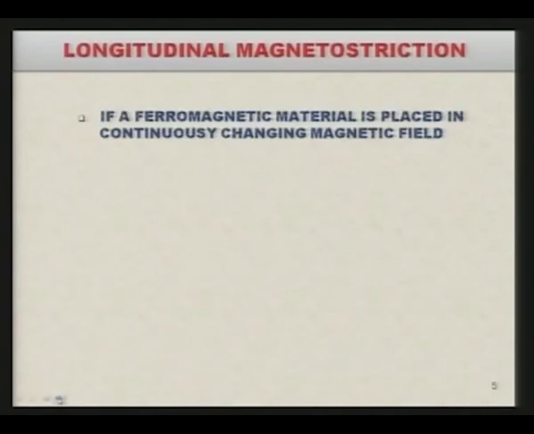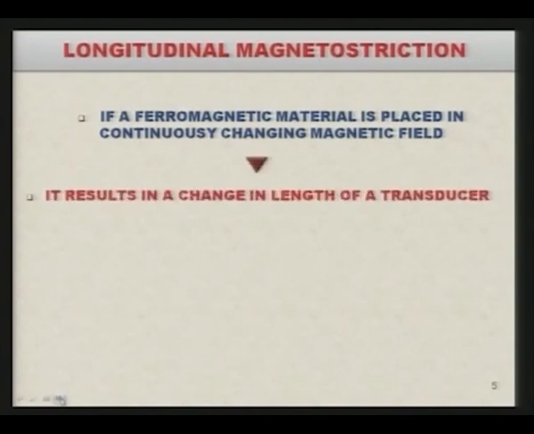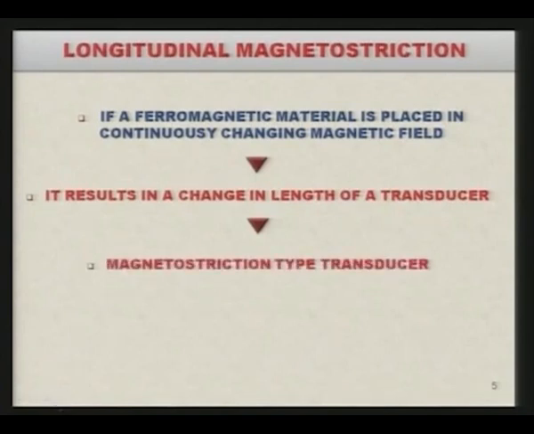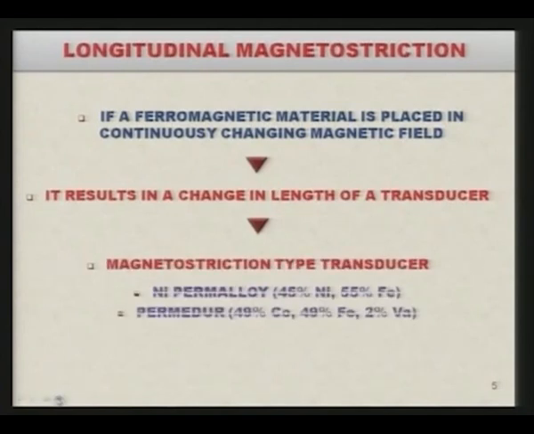Longitudinal magnetostriction: if a ferromagnetic material is placed in a continuously changing magnetic field, then what happens? It results in a change in length of the transducer that is placed in the continuously changing magnetic field. So, a magnetostriction type transducer is there, and they are normally made of nickel permalloy, which consists of 45% nickel, 55% iron.